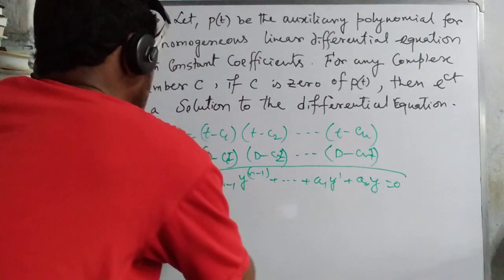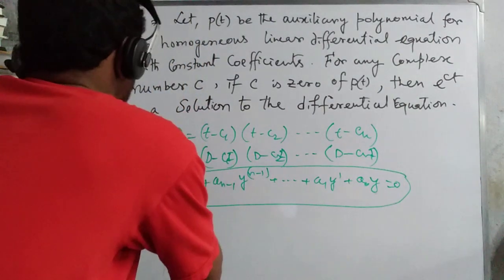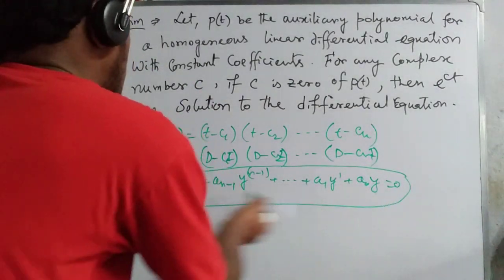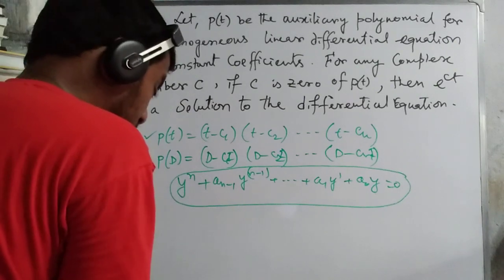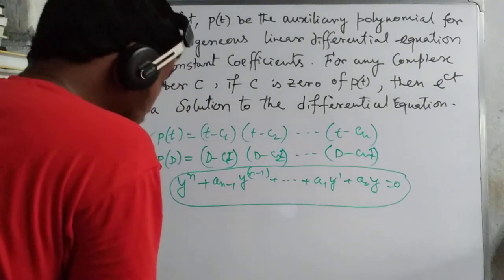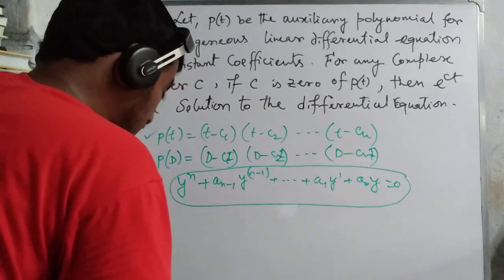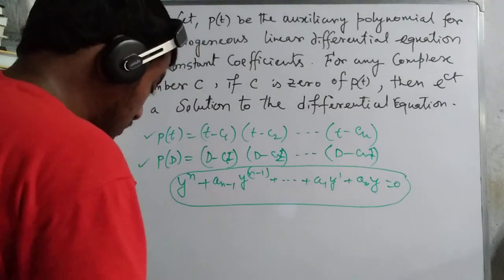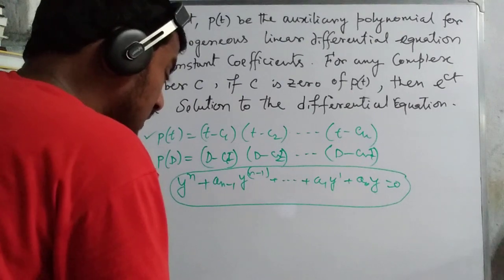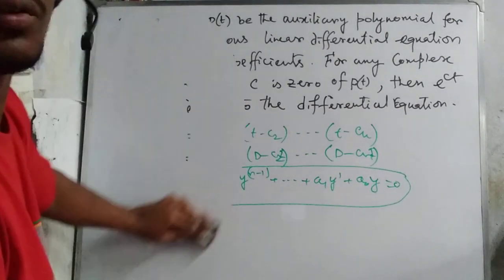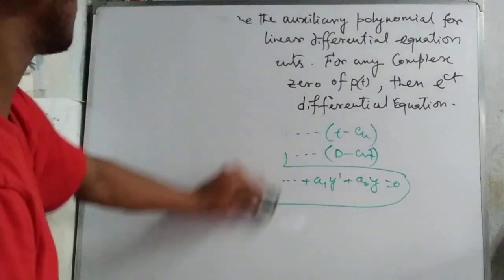This solution we also construct from p(D), and this one is part of p(D) and then p(t). Now we are going to discuss one example related to that topic. So we erase that portion and go on to discuss one example.